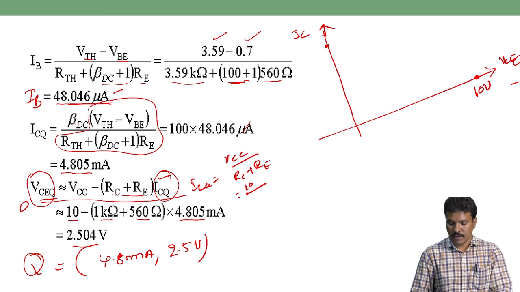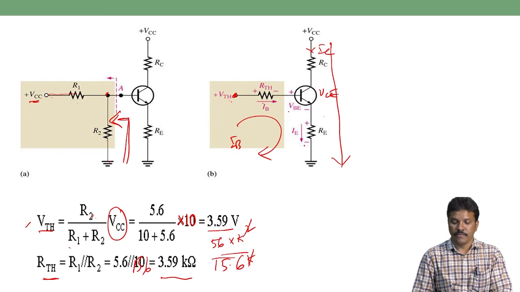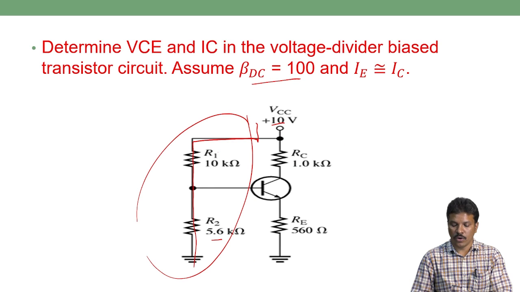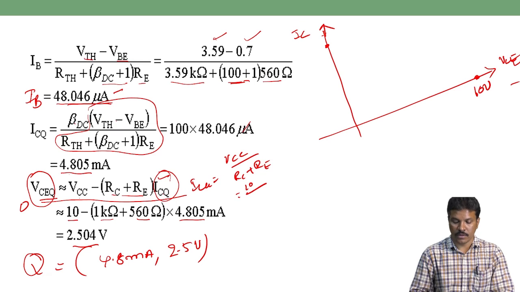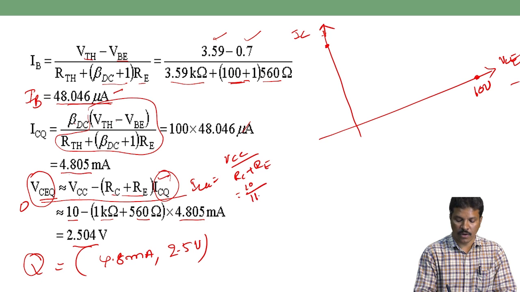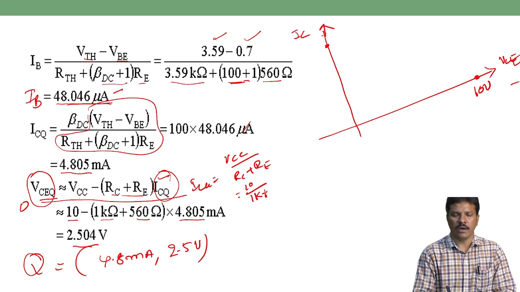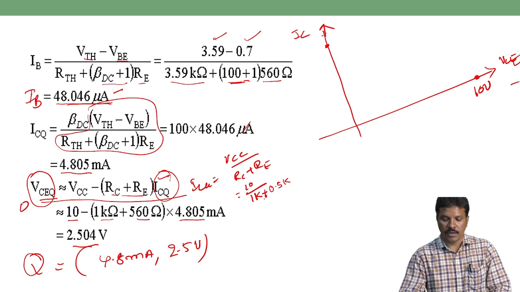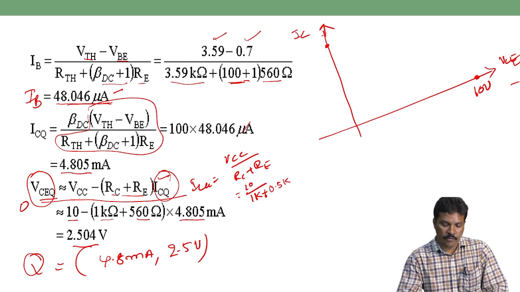So VCC 10 divided by RC plus RE, where RC is equal to 1 kilo and RE is 560 ohms, approximately 1 kilo and 560 ohm, about 1.5 kilo. 1.5 kilo means you will get 5.6 or 6 something.